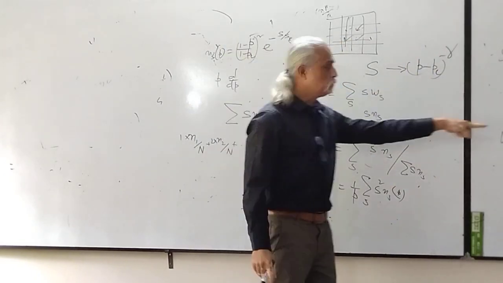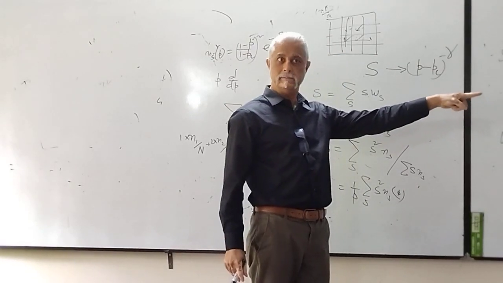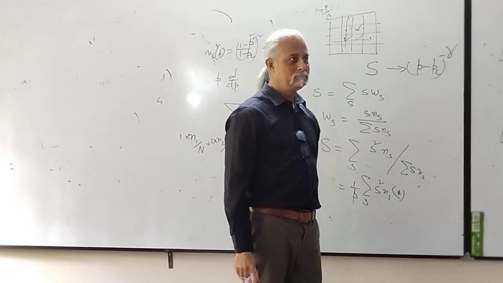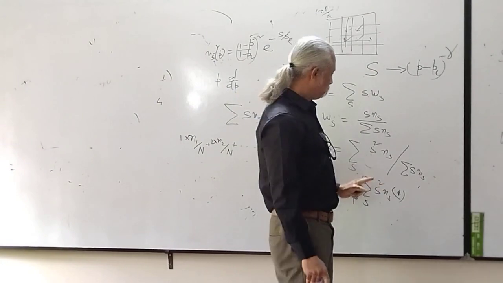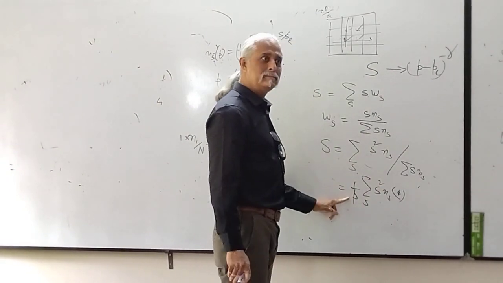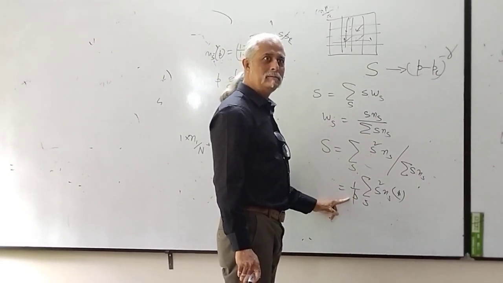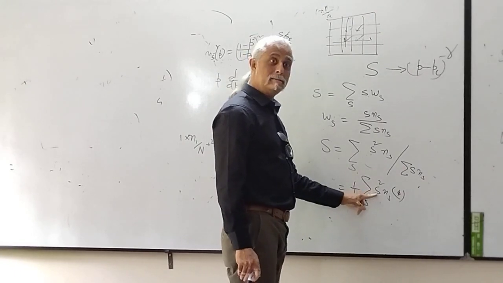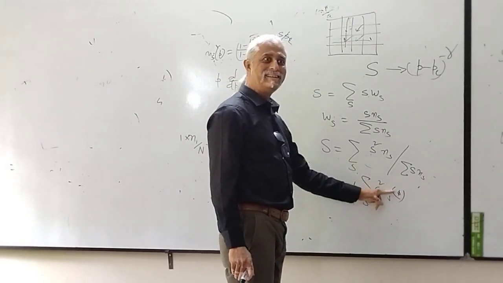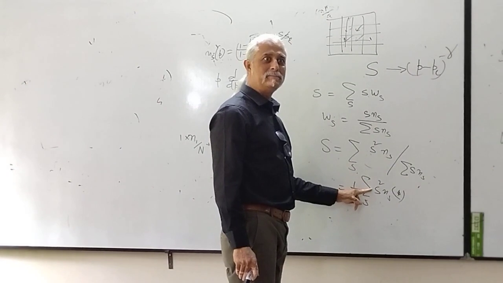In this case gamma equals 1. That is it. So S diverges near p_c.